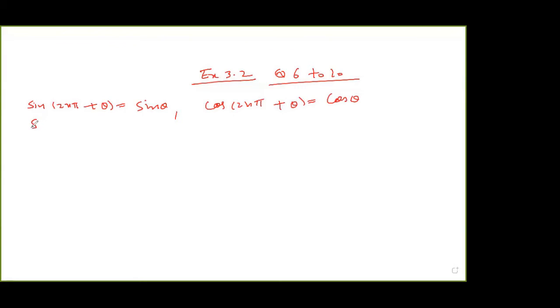If you get something like sine of 2nπ minus θ, you will write it as sine of 2nπ plus in bracket minus θ, and you will get sine of minus θ. Same, when here is a minus θ, you will get cos of minus θ, which is also equal to cos θ. We will apply this concept.